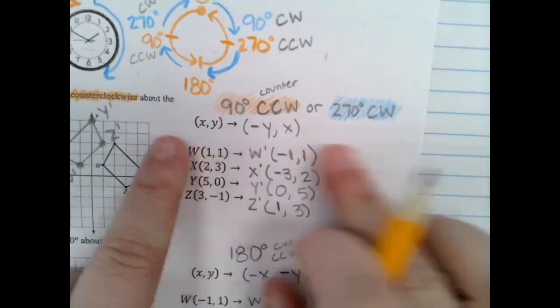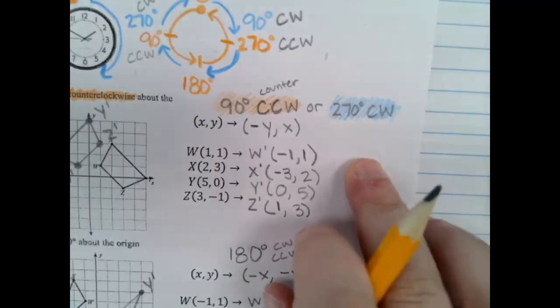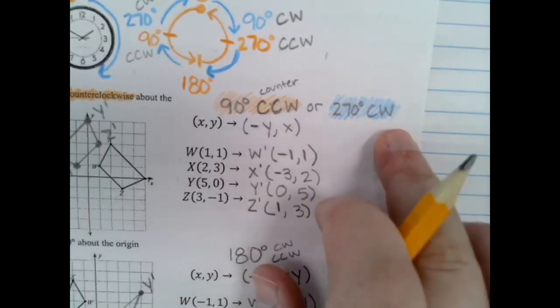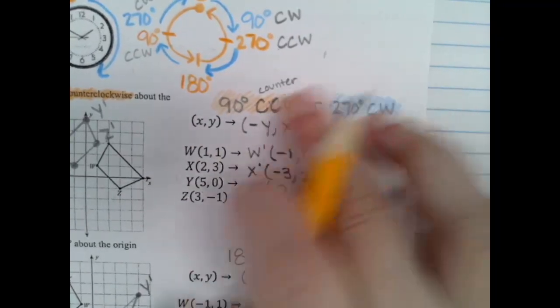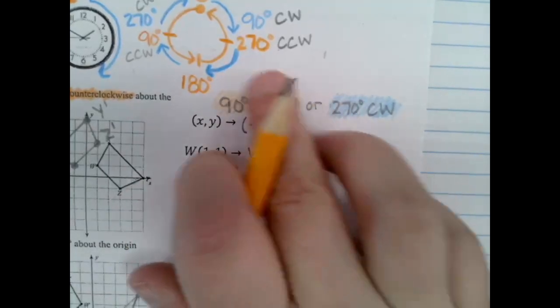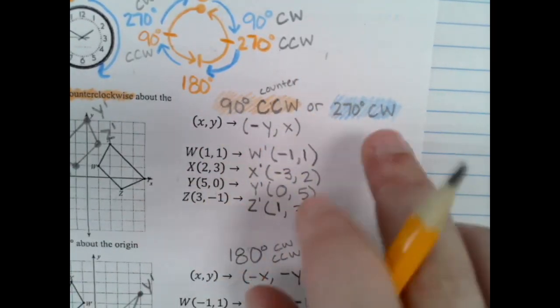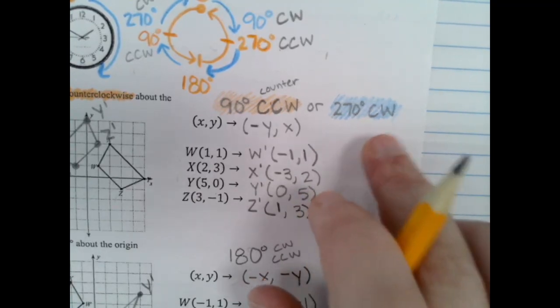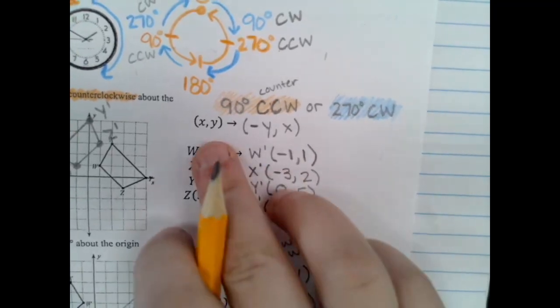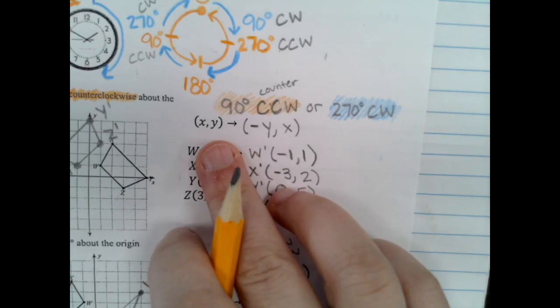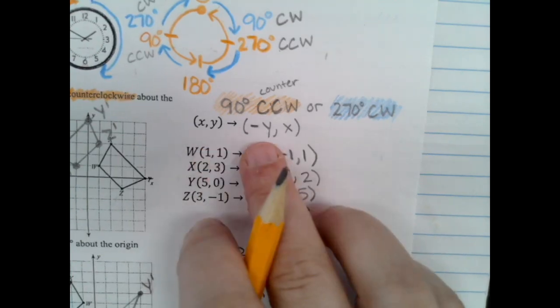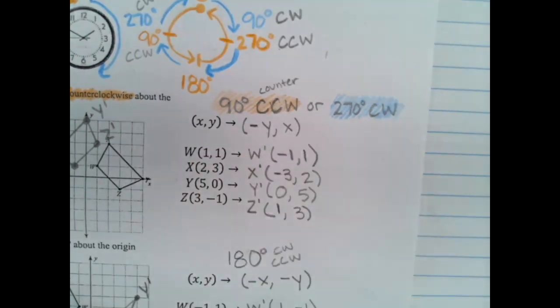So we're actually following this top one. Really important you know what that CCW and the CW meant. If you didn't know, go ahead and write that in. That's the same thing as 270 degrees clockwise, and that's what we're doing, that clockwise part. So this tells us we're going to take XY, and change it to opposite Y, X.